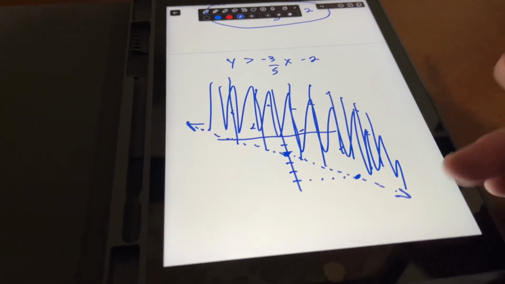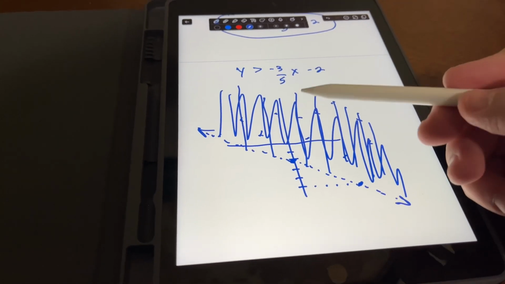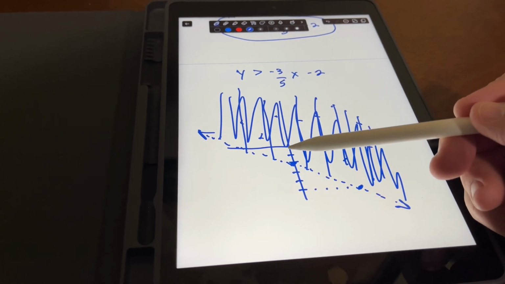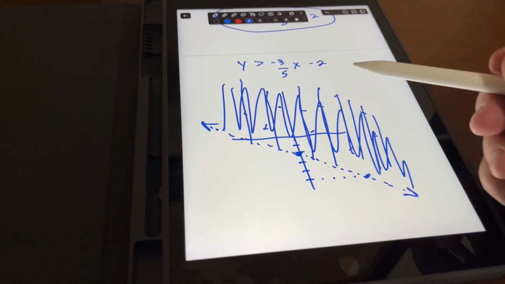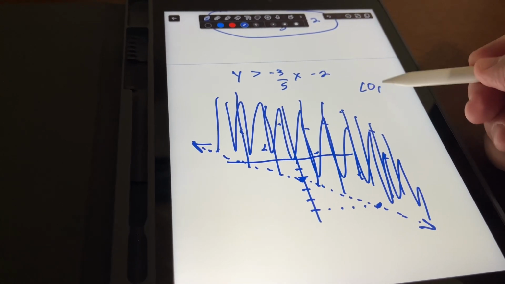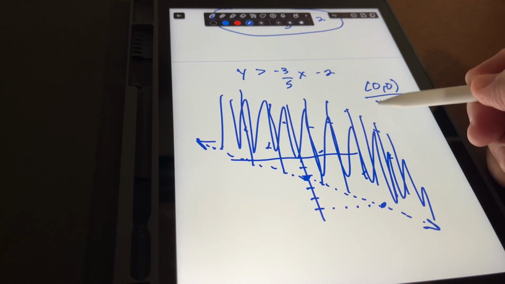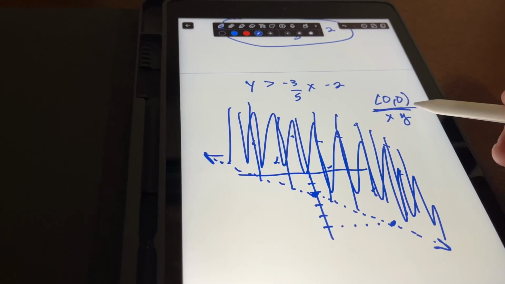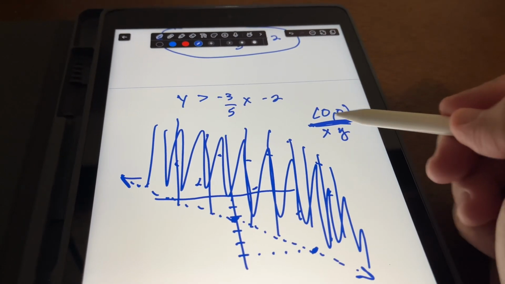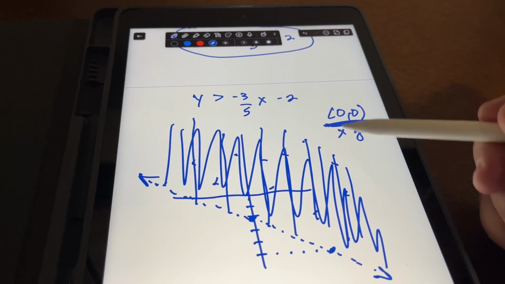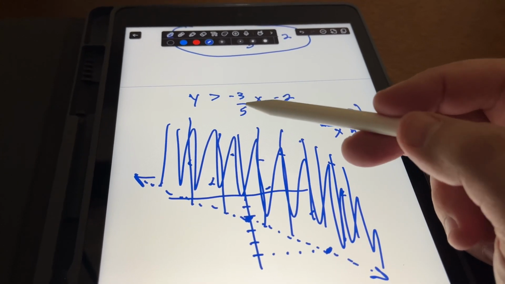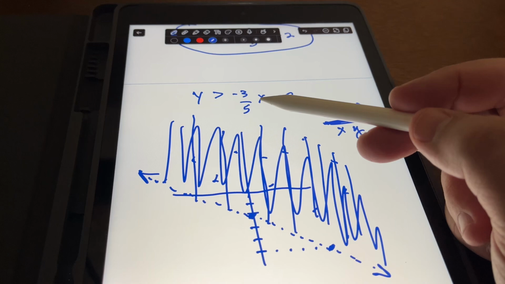So let's just pick a random point that's over here. Like for example, notice that 0, 0 is very clearly in the shaded region. So 0, 0. Well, think about, this is X and that's Y. So think about 0, 0. You have an X and a Y value. If you put this 0 in X's place, of course, -3/5 times 0 is 0.